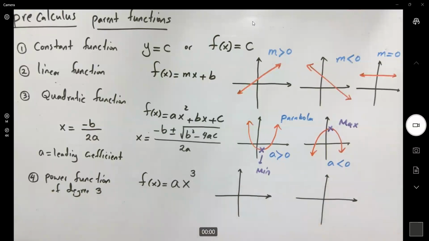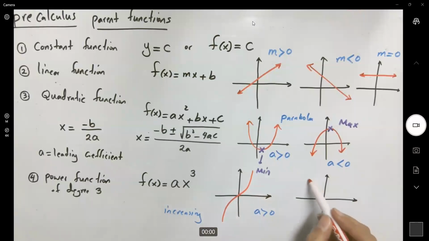If a is positive, then the graph is an increasing graph. But if a is negative, then we have a decreasing graph.